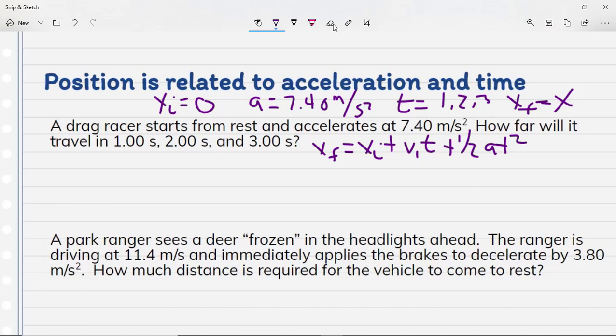Okay. Now some of these variables are going to be 0. Again, we're starting from rest, so our initial velocity is also 0. So here I can just plug in and solve.